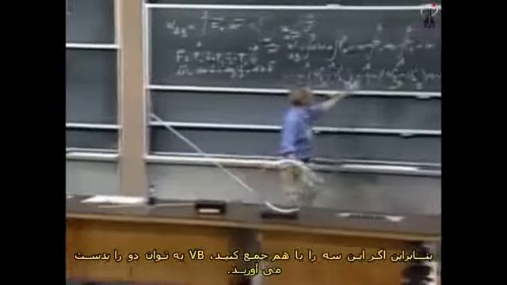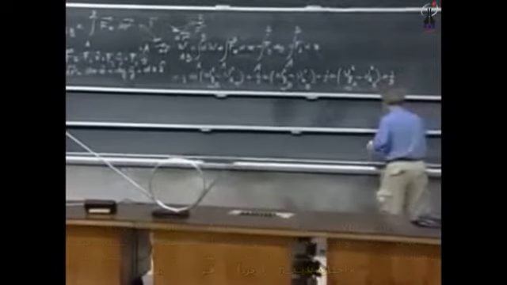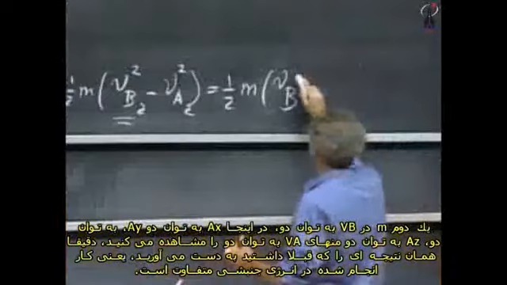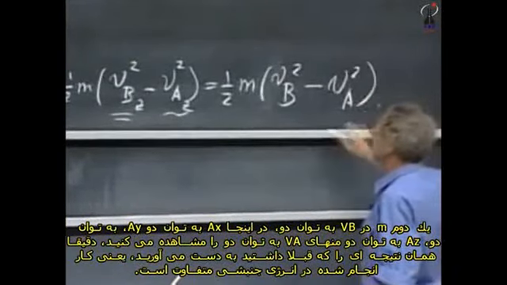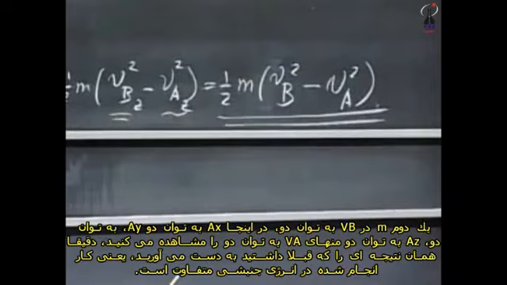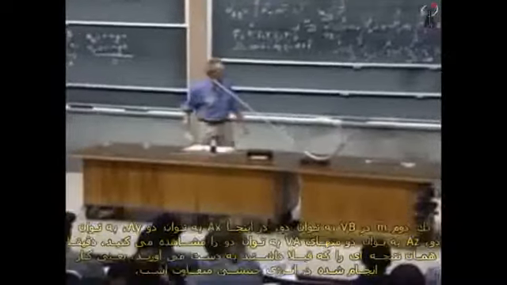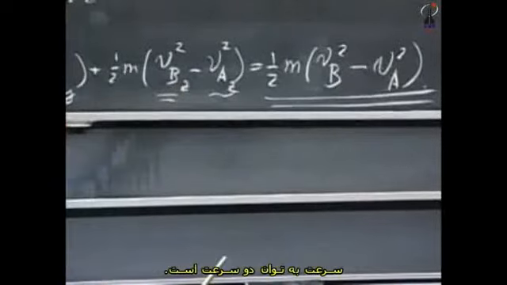You get the square of the speed. So if you add up these three terms, you get vb squared. I lost my m. Let me put my m in there. 1/2 m times vb squared, minus va squared. And you get exactly the same result that you had before, namely that the work done is the difference in kinetic energy. You can always think of these as speeds. Velocity squared is the magnitude squared of the velocity.